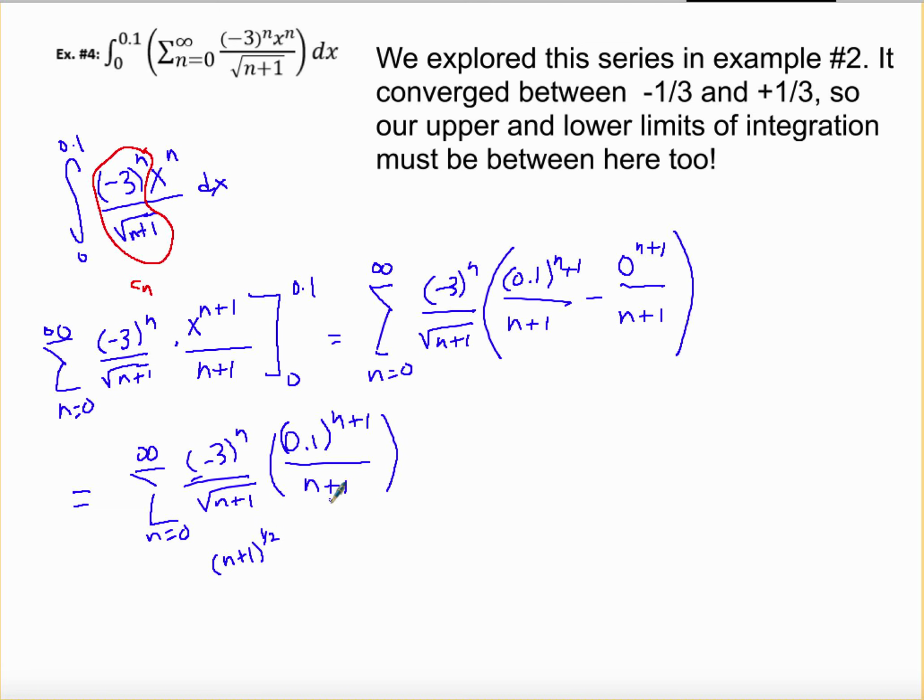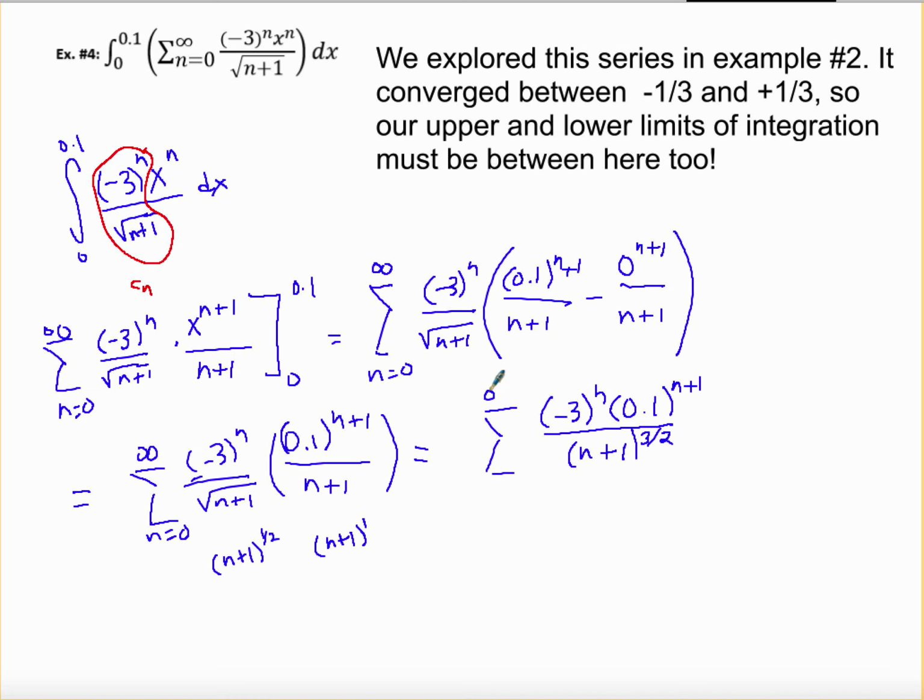And this n plus 1 is really n plus 1 to the first power. So the bases are the same. We can add our exponents. So this is going to give me -3 to the n power times 0.1 to the n plus 1 power, all divided by n plus 1 to the, well, 1 plus 1/2 is 3/2, or however you like to write it.